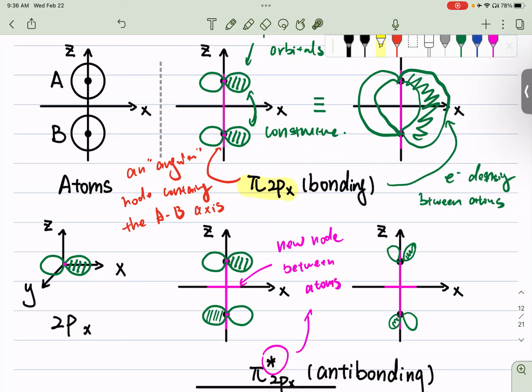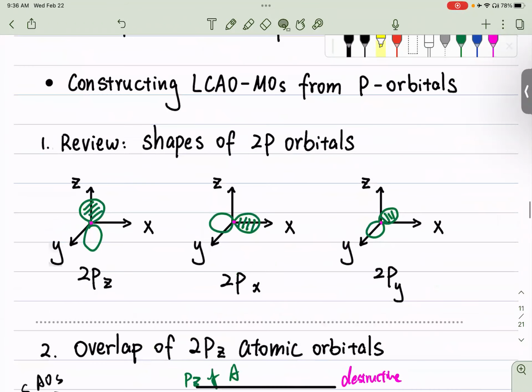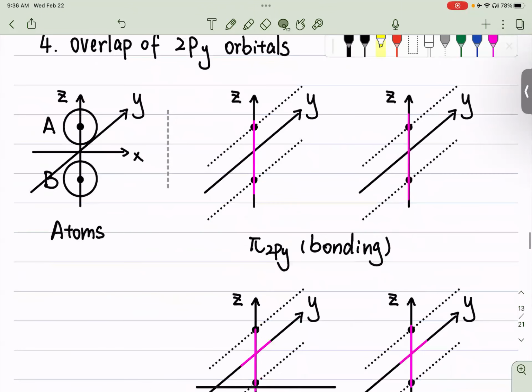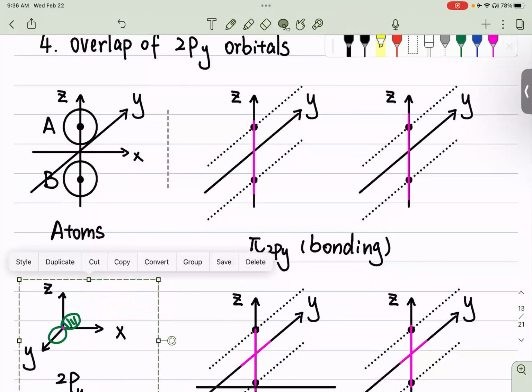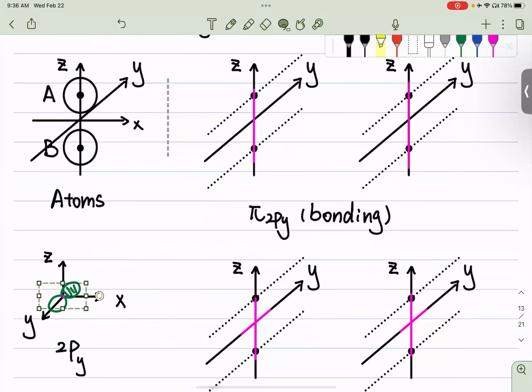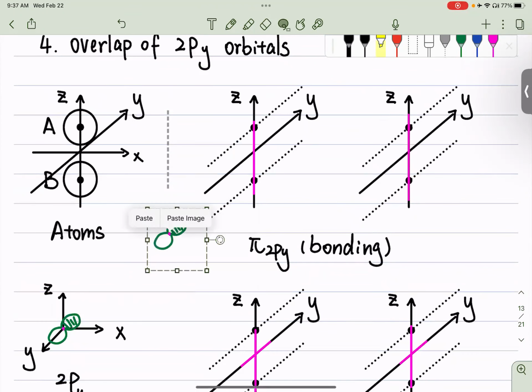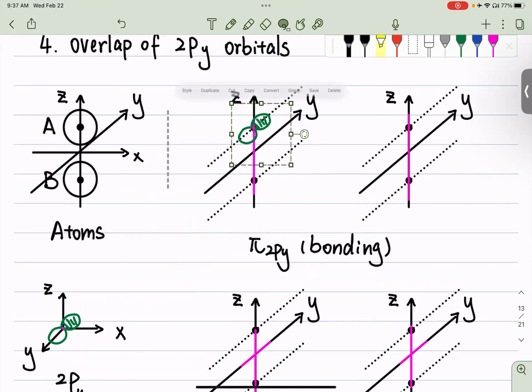All right. We'll do this again with the py atomic orbitals. So again, I have my 2py lined up here. What we're doing is we start from these atomic orbitals, and then we put it in line here.